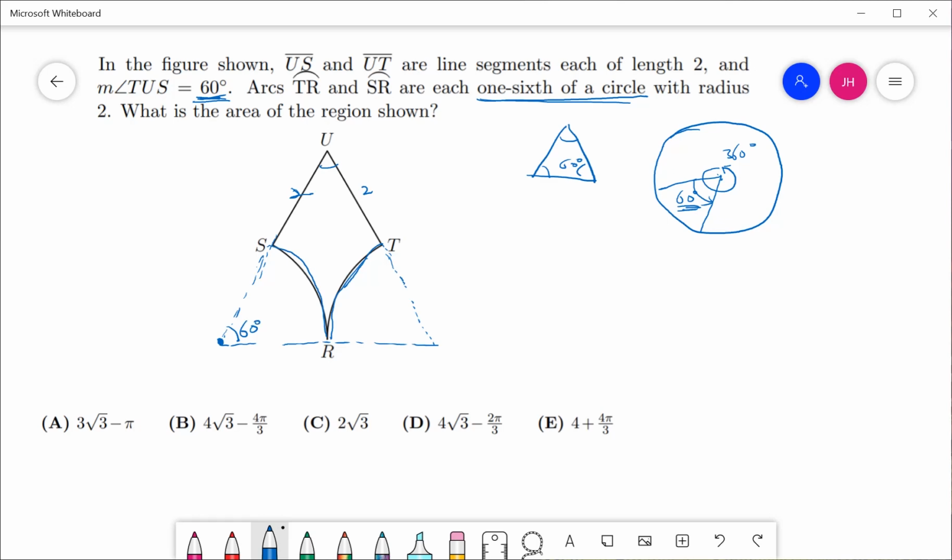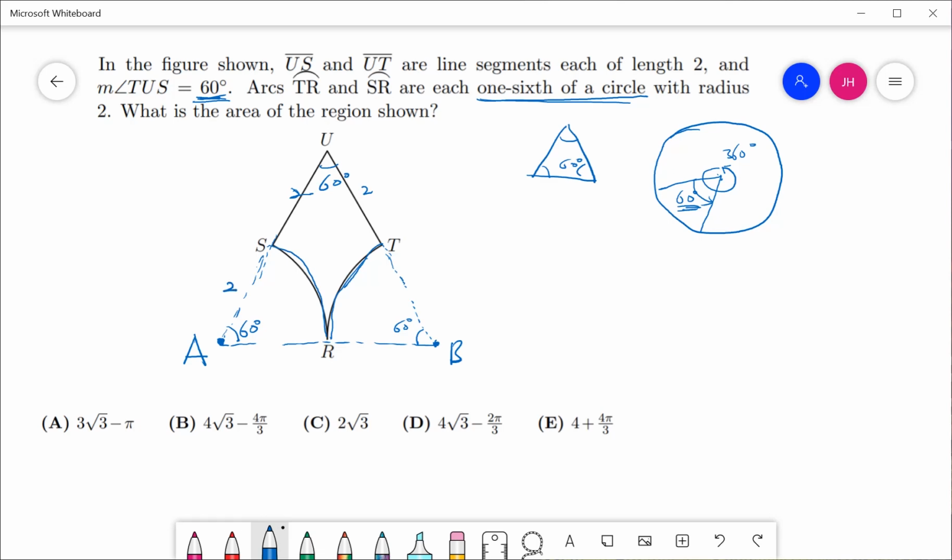And the same thing for this one. That's 60 degrees, right? So now let's say this vertex is A and this vertex is B. So we fulfill an equilateral triangle, and we have 60 degrees on the top and two bottom 60 degree angles. Beautiful.